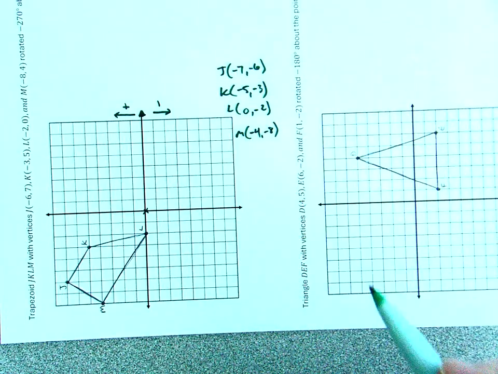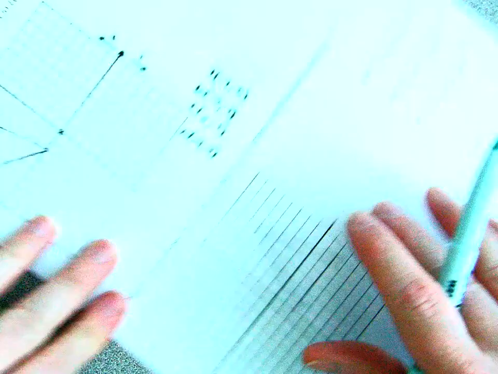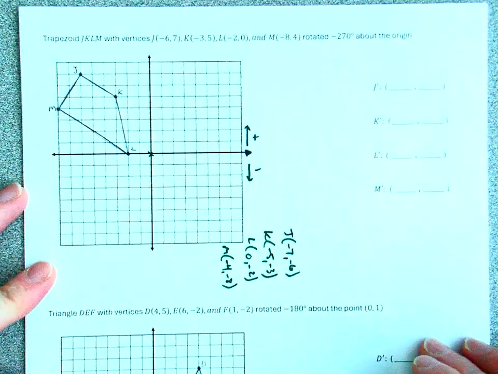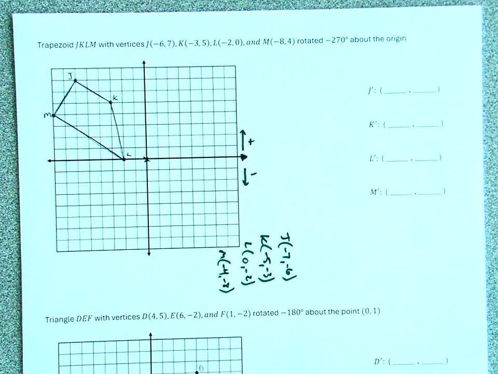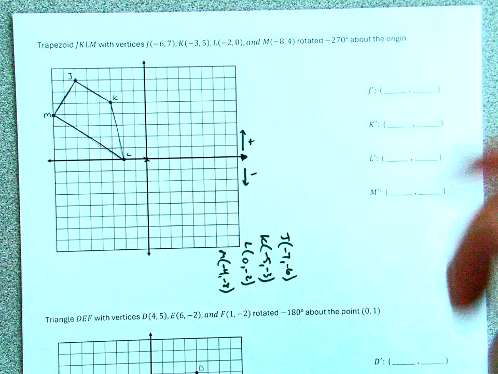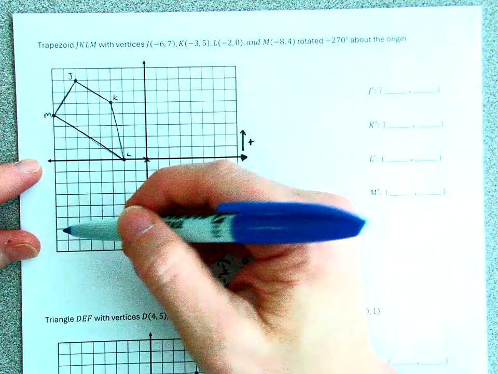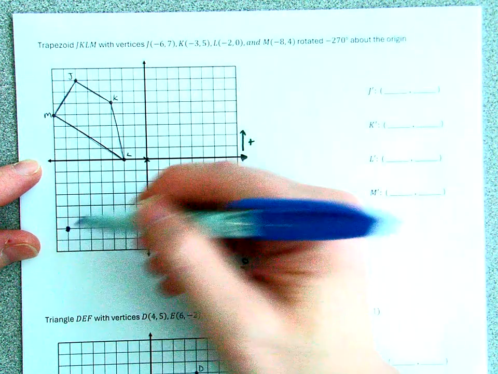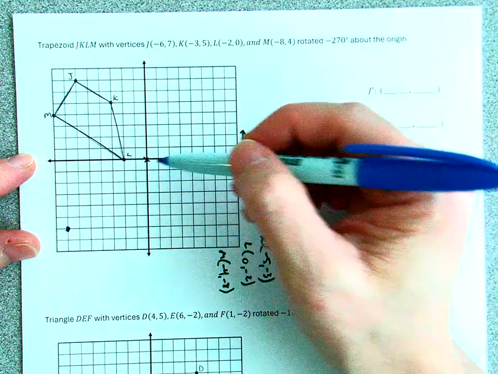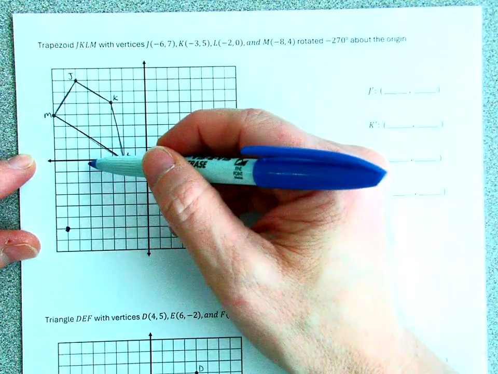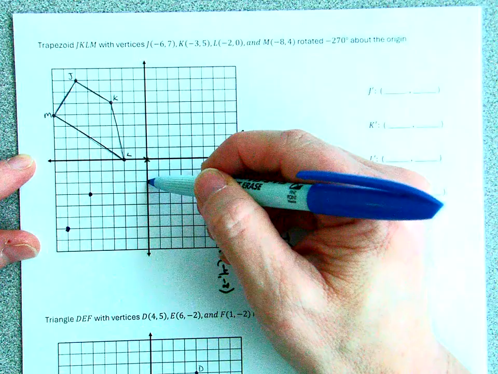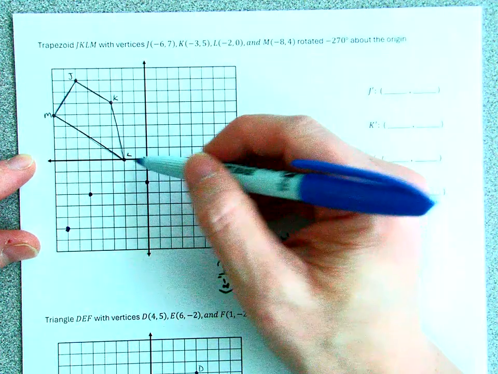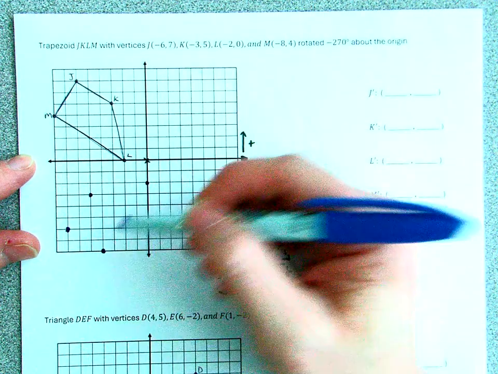Right? And then we can turn this back and then plot these points. So -7, -6, -5, -3, 0, -2, -4, -8.